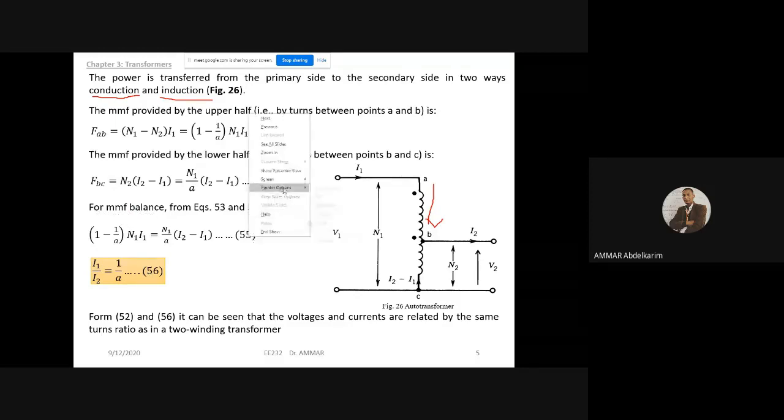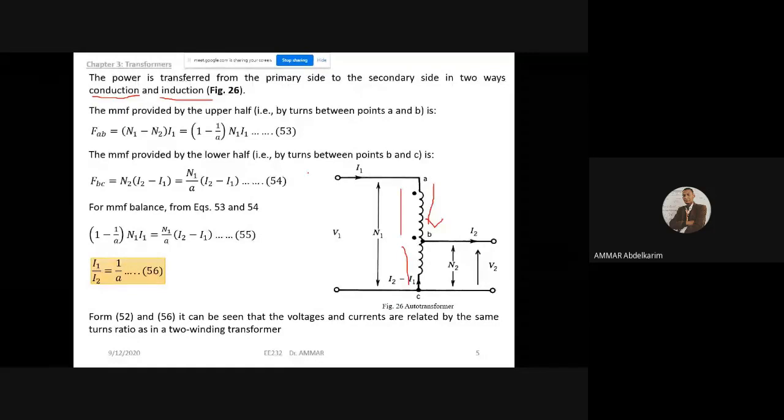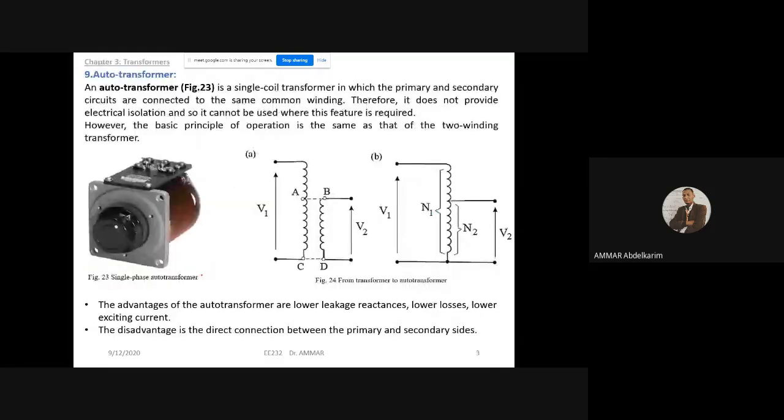So for the MMF balance, if we consider that the MMF produced in the upper half equals the MMF produced in the lower half, we are going to get this expression here, in order to prove that the turns ratio relationship is the same as in the conventional transformer.